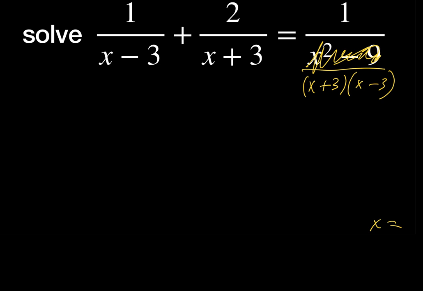All right. So now I look and say, what is my common denominator? It will be x plus 3, x minus 3. This just has x minus 3, which means I need to take this and multiply it by 1, as x plus 3 over x plus 3, times 1 over x minus 3.